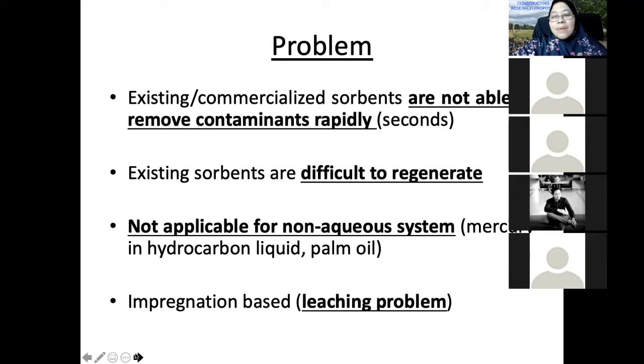So I asked for oil and gas samples to look at how bad the issue of mercury contamination is. When we did the sampling and the analysis, yes, it is bad. And as we know, mercury is very dangerous to our body.